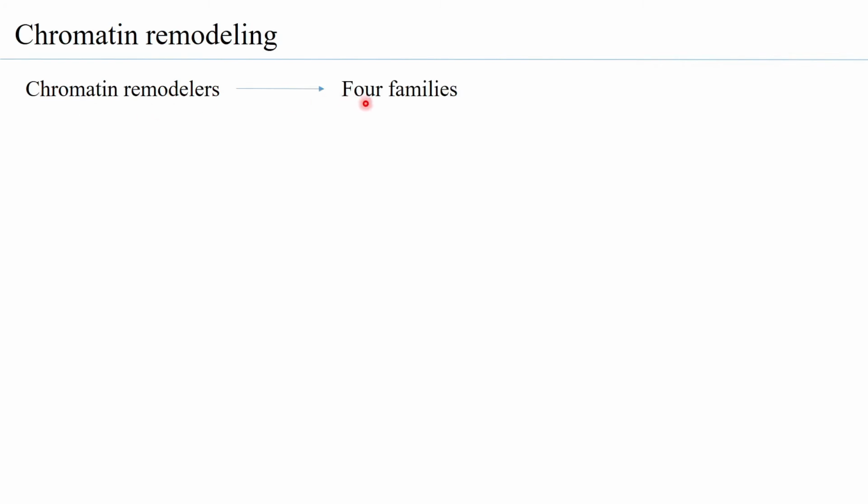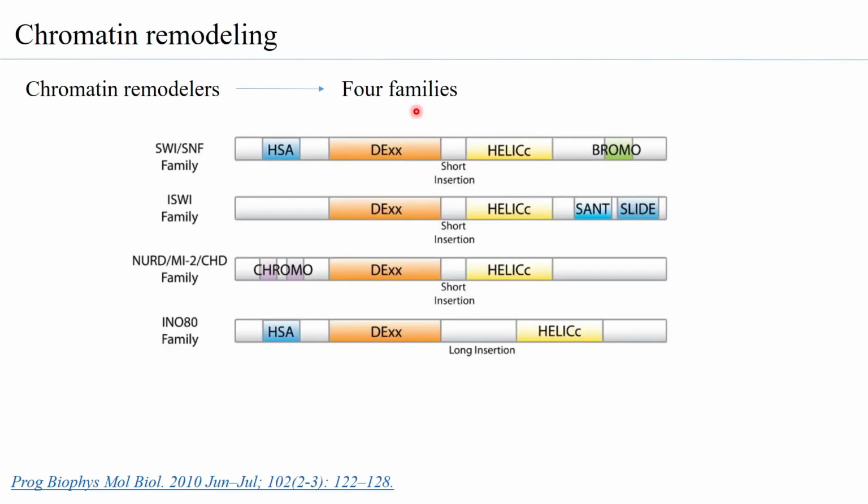Chromatin remodelers, like we mentioned, depending on the differences in the ATPase subunit, are classified into four families. So the four families are the SWI/SNF family, ISWI family, NuRD/Mi2/CHD family, and INO80 family.